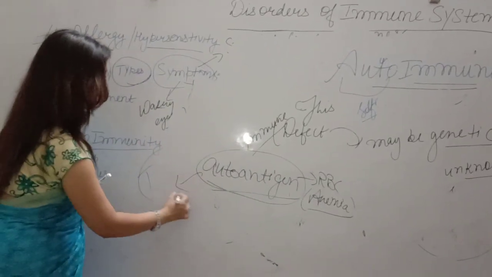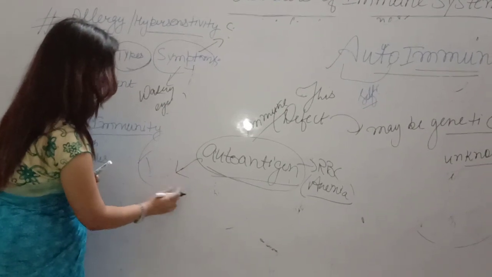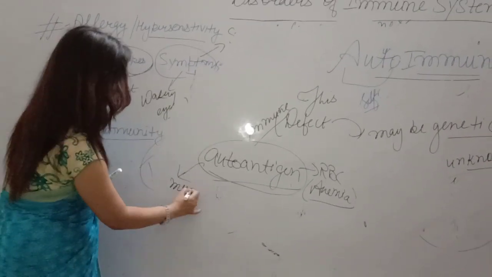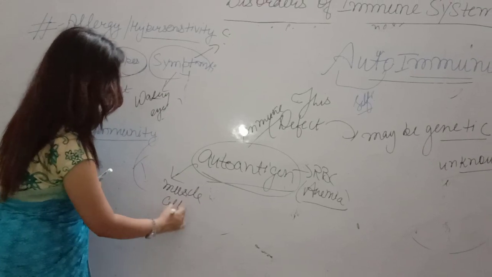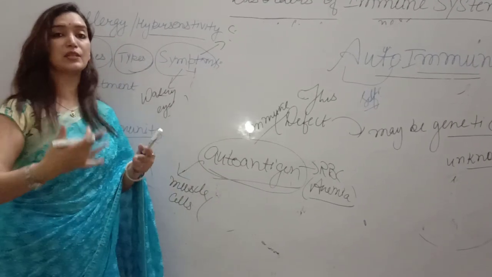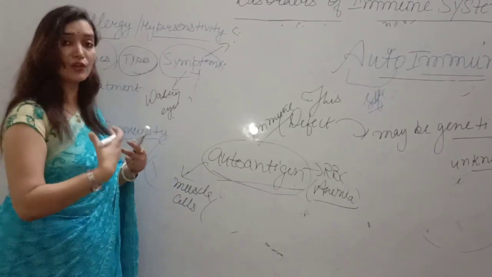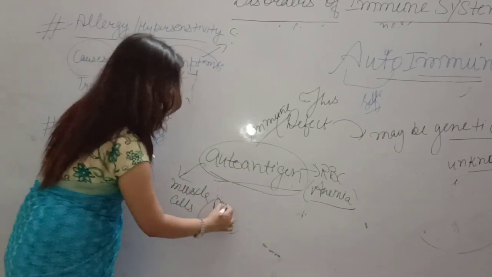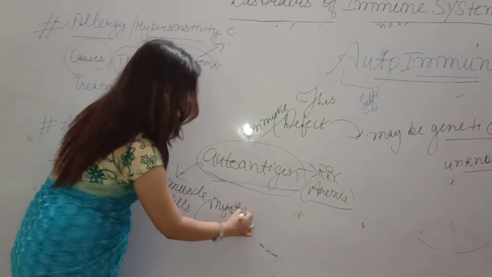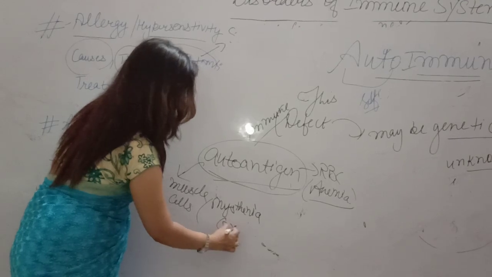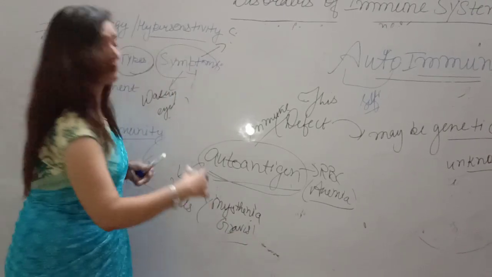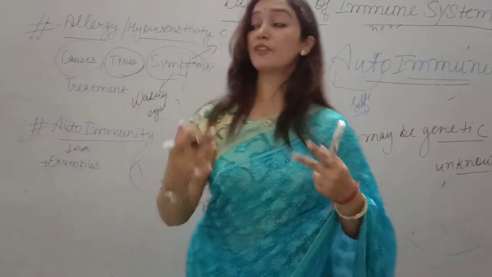If the autoantigen is muscle cells, our immune system starts damaging our own muscles, and that condition is called myasthenia gravis. What happens if our immune system attacks our own liver cells?